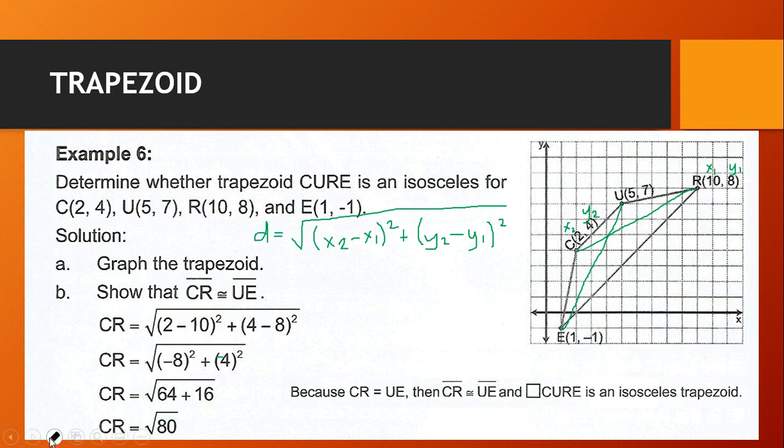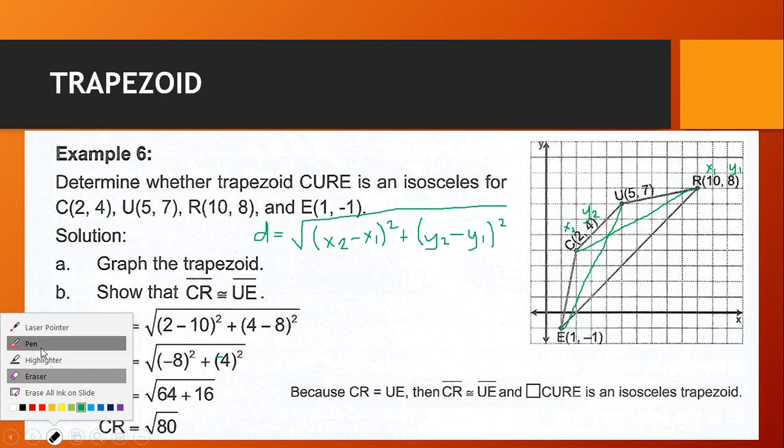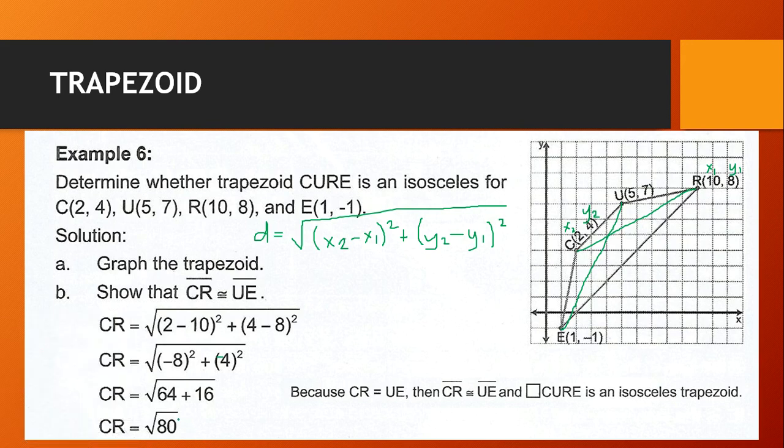If you want to extract more from the square root of 80, this is what happens. First, you look for the factors, where one factor is a perfect square.